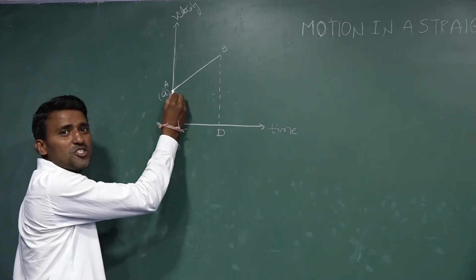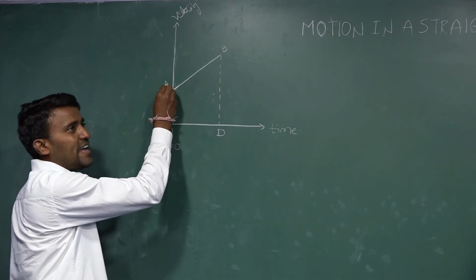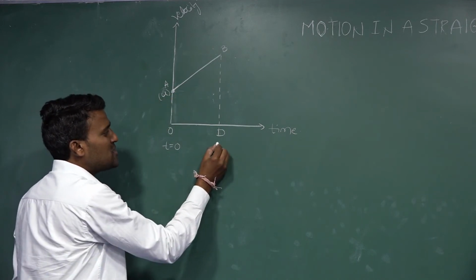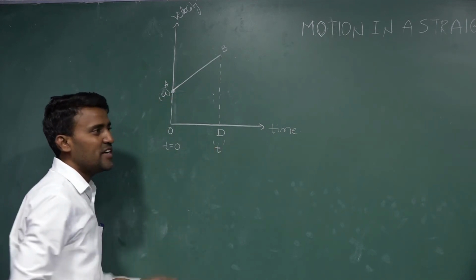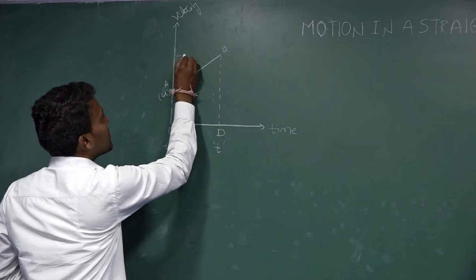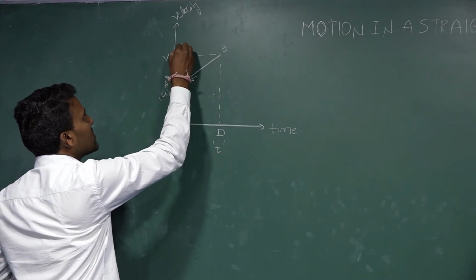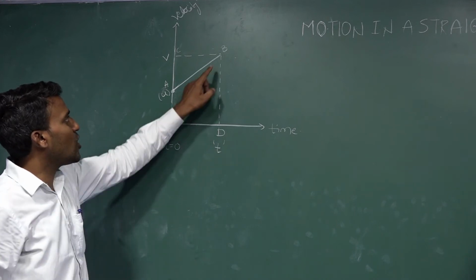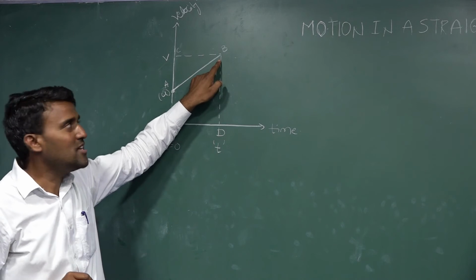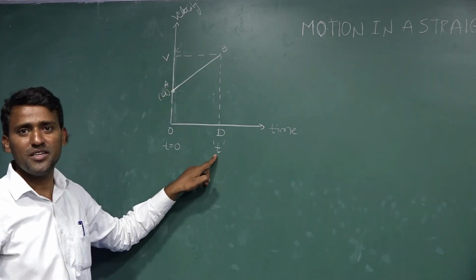The initial velocity of the object is u at position A. At a time interval t, when it reaches time t, it attains the velocity v. This is nothing but position B. When the object reaches position B, it attains the final velocity v after t time interval, isn't it?